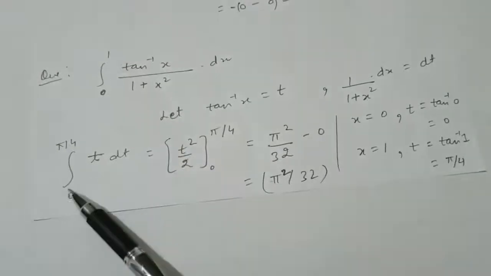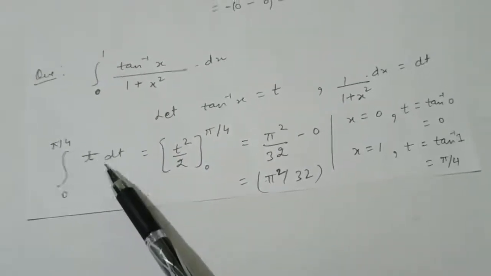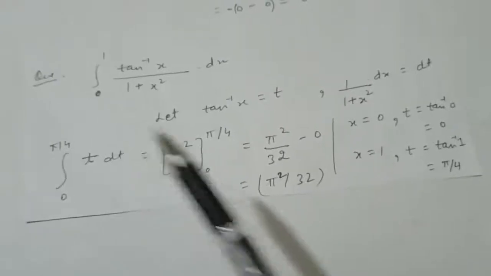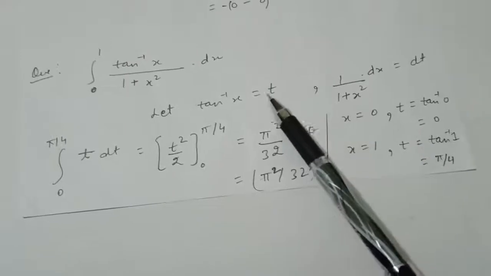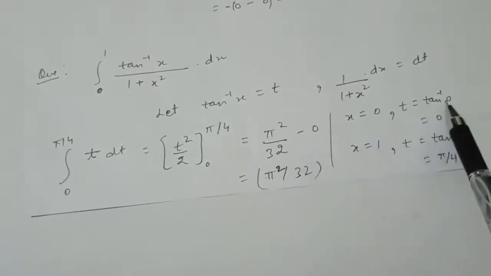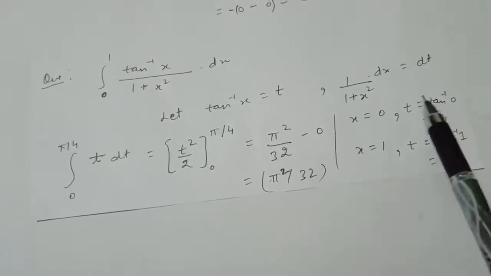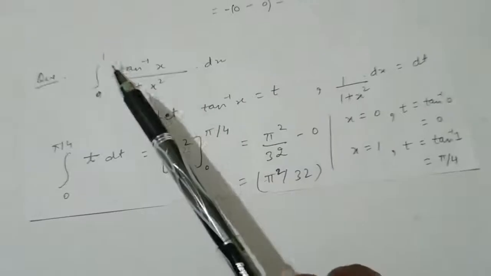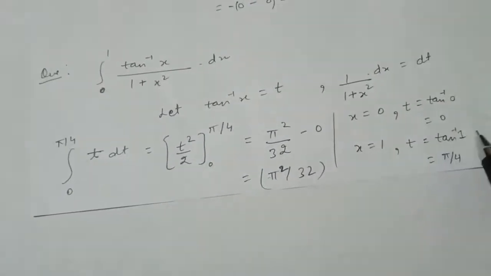Now change the limit because here the function is in terms of t, right? So when x is 0, you can calculate t. t is equal to tan inverse x. When x is 0, then t will be tan inverse 0, and tan inverse 0 is equal to 0, right? And when x is equal to 1, t will be equal to tan inverse 1.